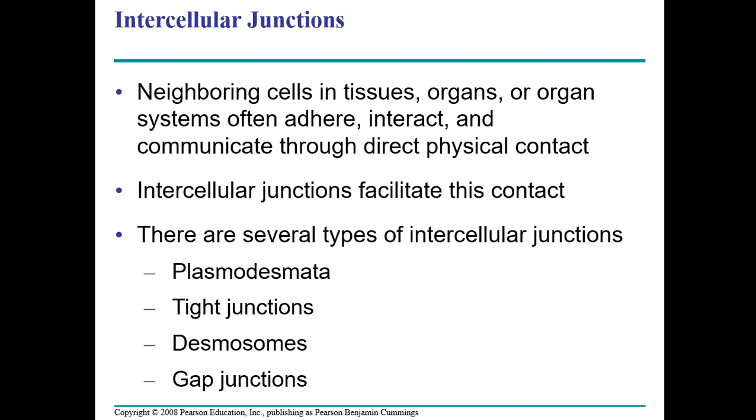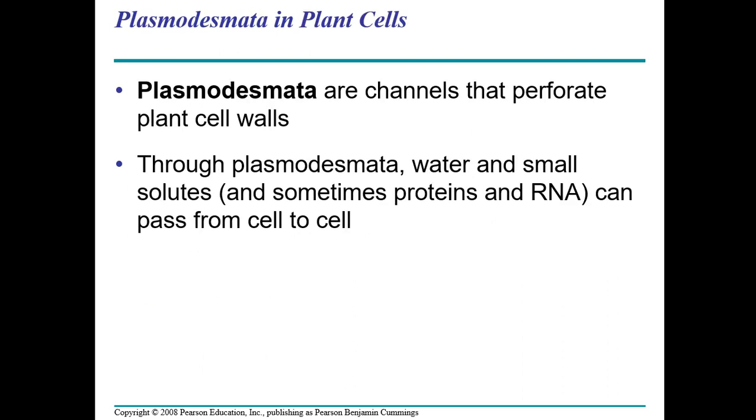Cells need to communicate to perform their function. Okay. Plasmodesmata, channels in the cell walls. Yan. Water and small solutes and sometimes proteins and RNA can pass from cell to cell.